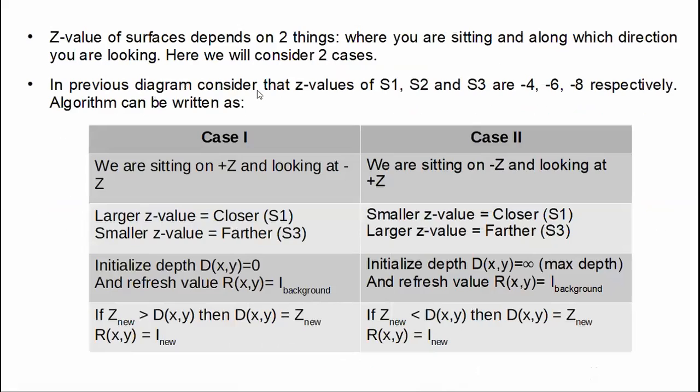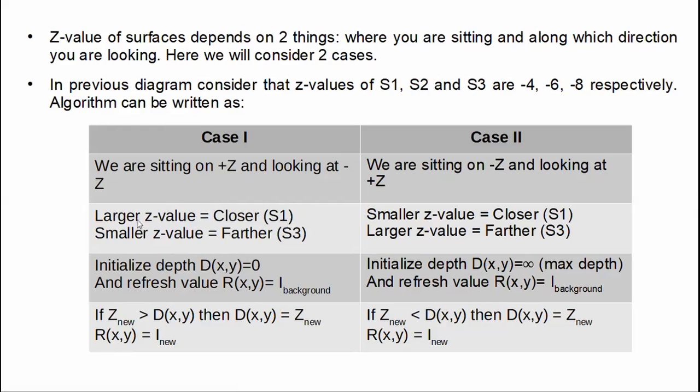So here we have written that consider the z values of S1, S2, S3 as -4, -6 and -8 respectively. So this algorithm can be written as, first case is what? We are sitting on positive z and looking at negative z value. Okay. Now here, what this algorithm says is that whatever is the larger z value is always closer.